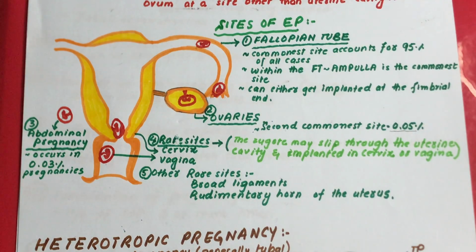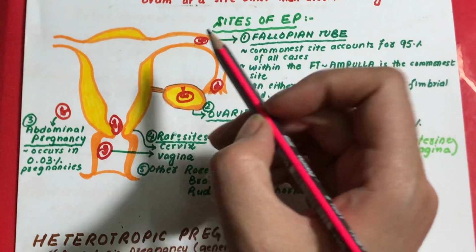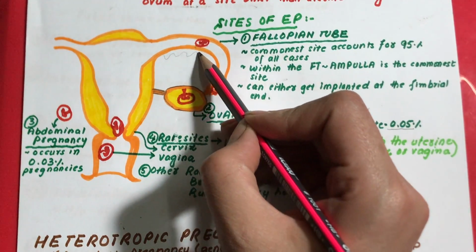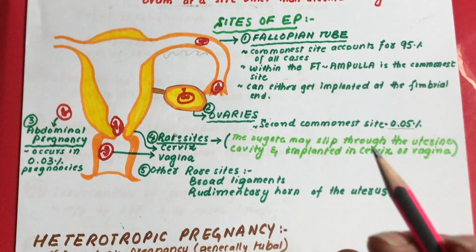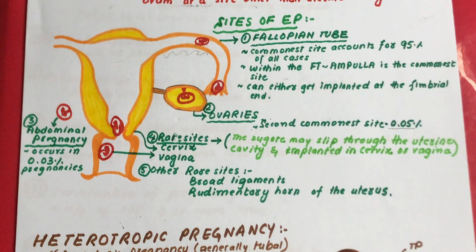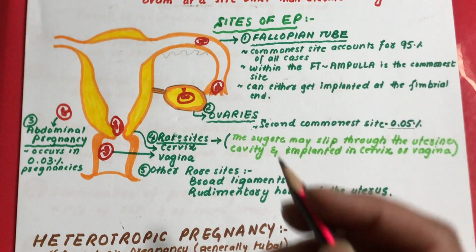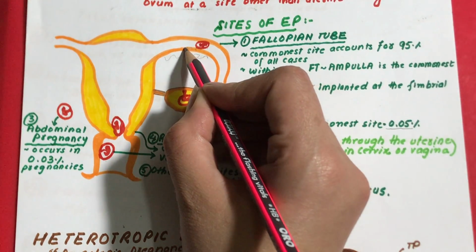Then there are a number of factors involved in this transport mechanism. These include the muscular contractions of the fallopian tube, ovarian hormones like estrogen and progesterone, and the movement of the cilia present in the fallopian tube.